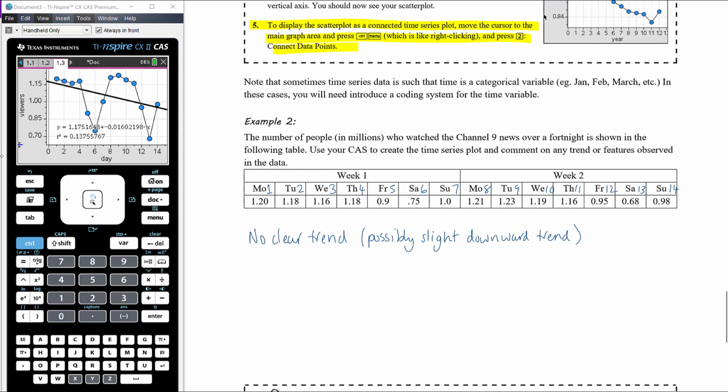And then thinking about the fluctuations we've got there, we've got fairly clear fluctuations, and if we look at the data itself, we can also see those fluctuations with the viewership fairly steady and fairly high early in the week, Monday, Tuesday, Wednesday, Thursday, and then we see a drop off in the viewership on Friday and Saturday, it doesn't specify nights, sorry, and then it creeps up a little bit on Sunday again.